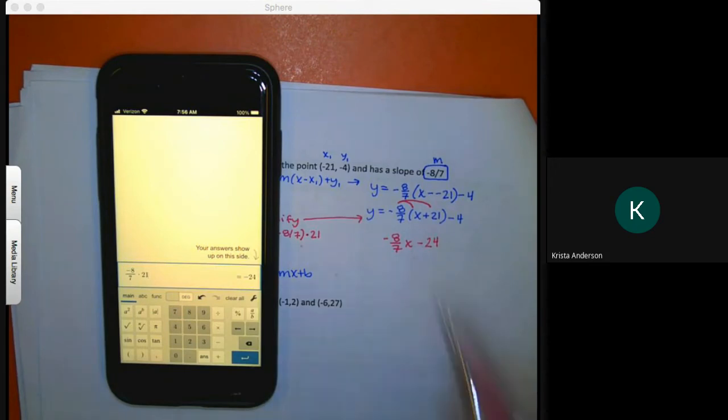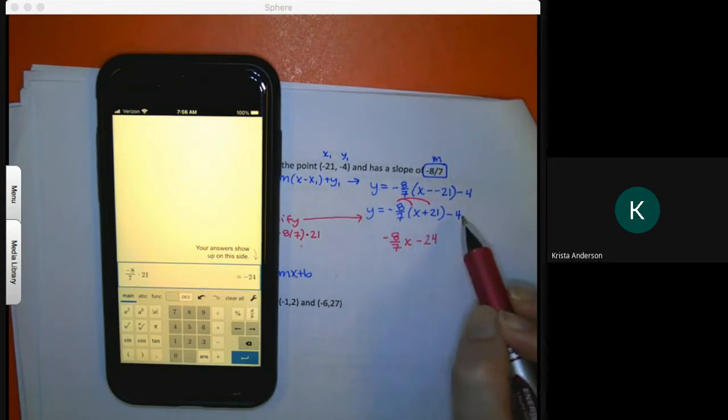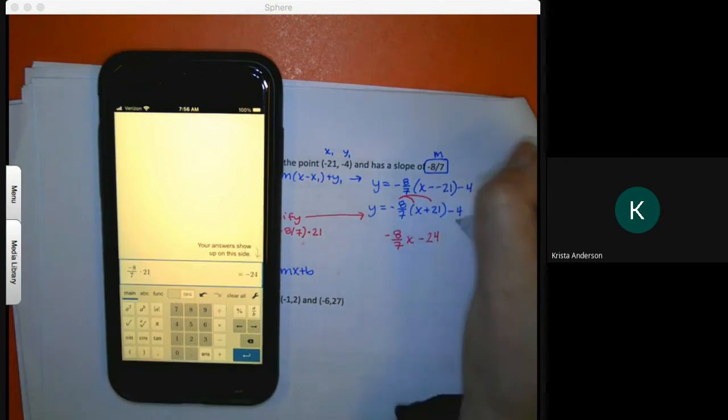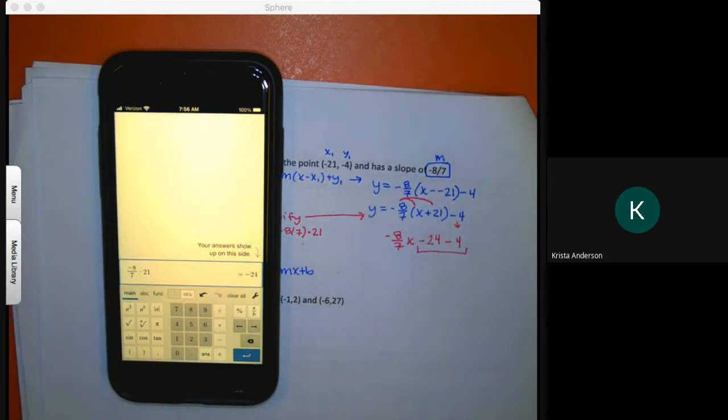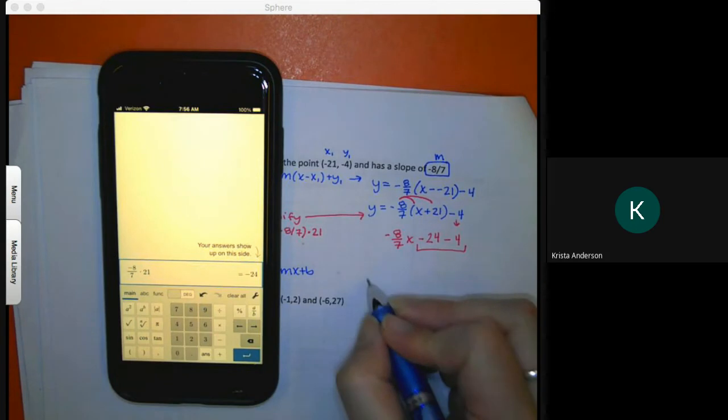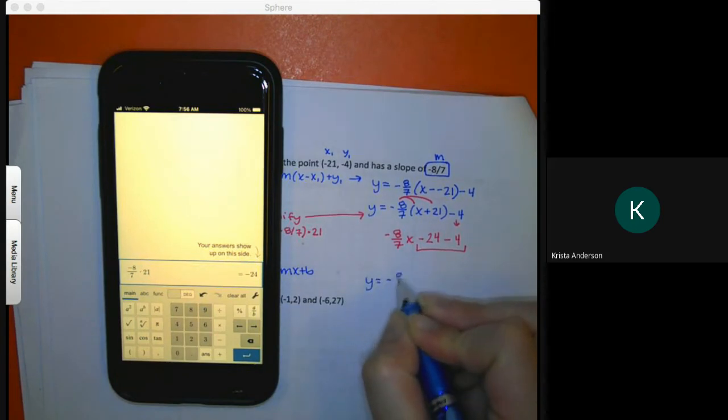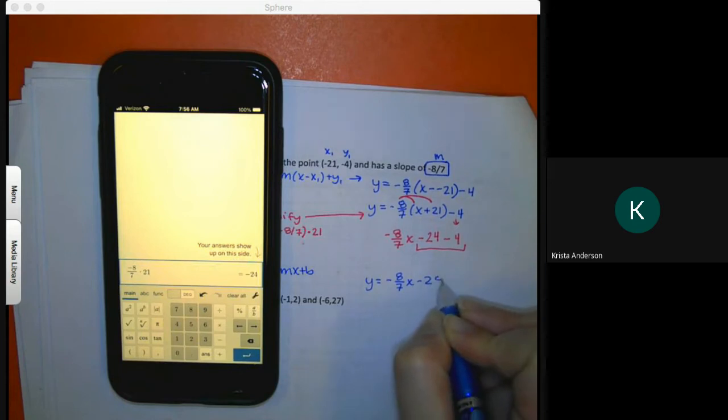Do I distribute it to the 4 that's on the outside of the parentheses? No. I don't. I just drop this down and combine them together. What happens when I combine those two together? I get negative 28.